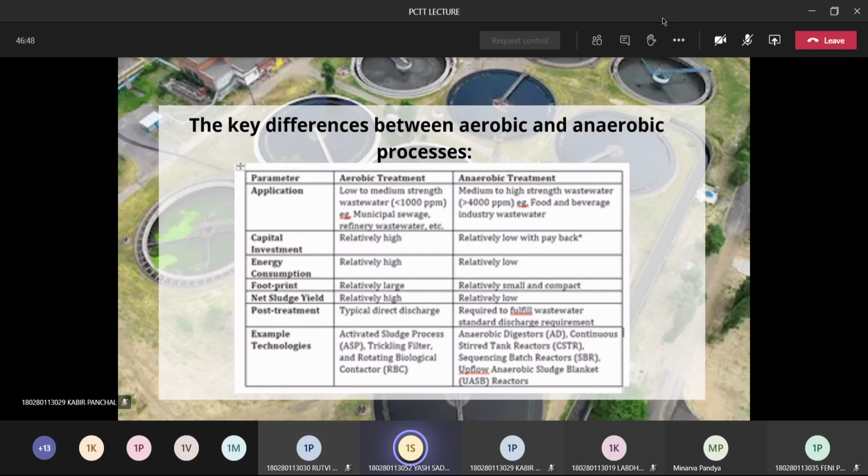These are the key differences between aerobic and anaerobic processes. The first point is application. In which wastewater can aerobic or anaerobic treatment be applied?